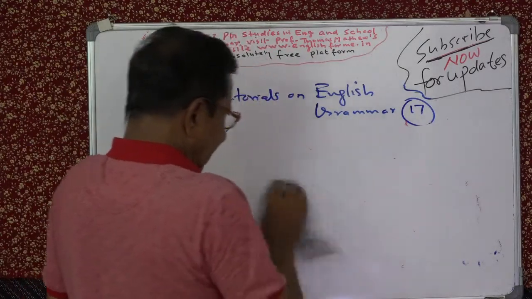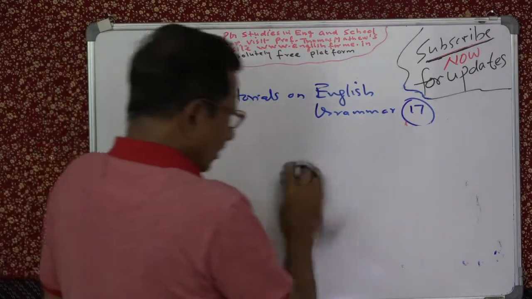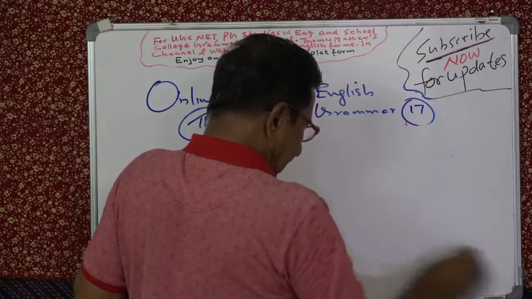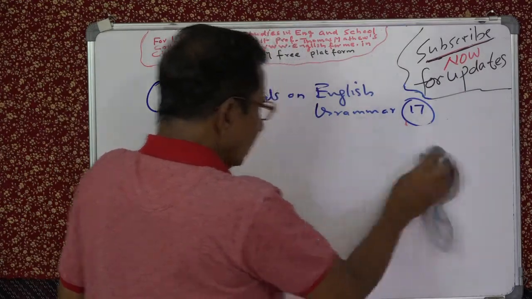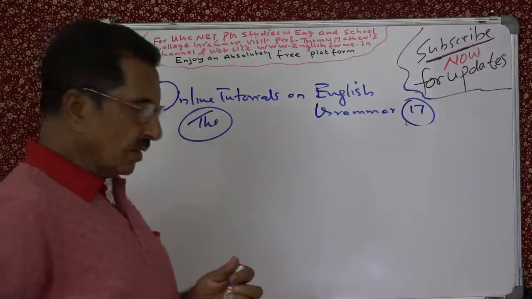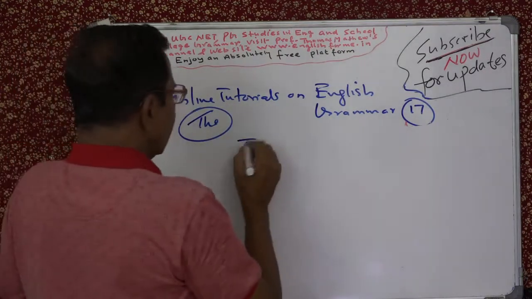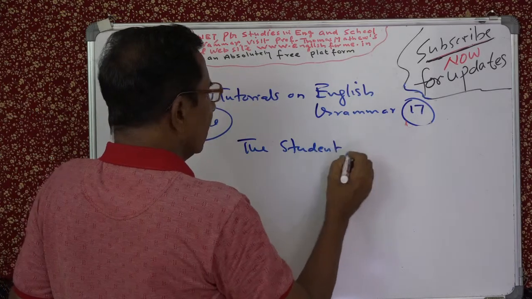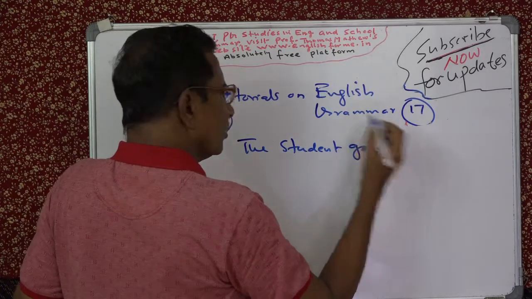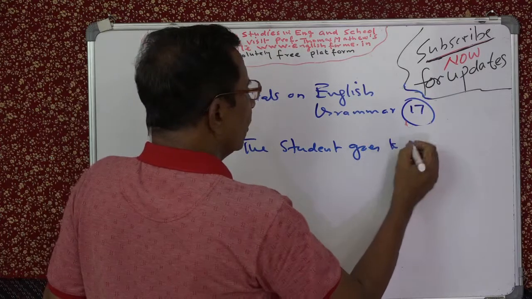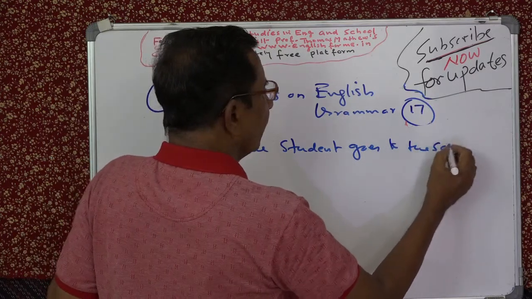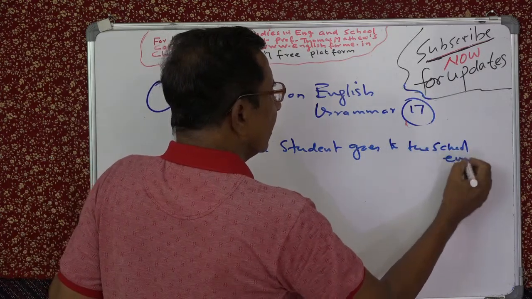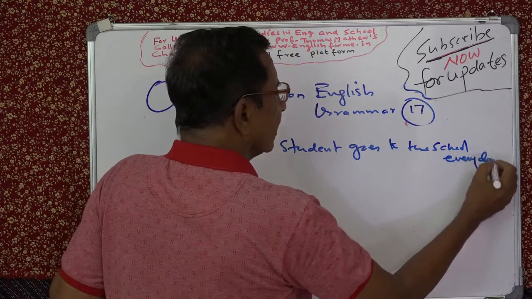What is wrong with this? What is the mistake that you can find, error, etc.? Suppose you get a sentence like this: the student goes to the school every day.